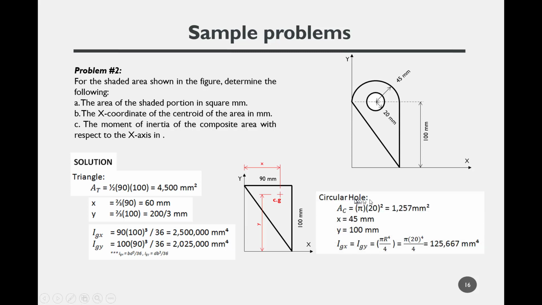Okay. For the circular hole, alam natin that is pi r squared. This is 20. Alam natin yan, kasi ito yung maliit na 'to, ito yung radius niya. Pero pag sa malaki na yun, semicircle lang siya, di ba? Nakita nyo. So, X is 45 and then Y is 100.